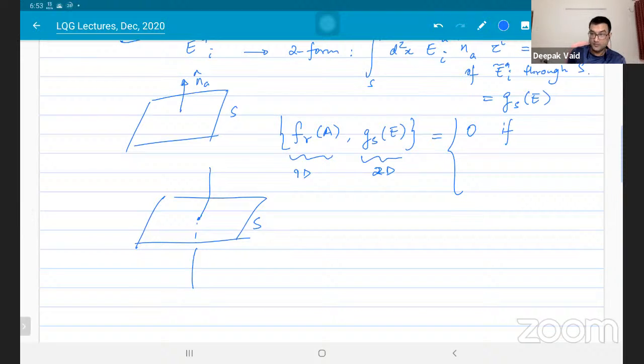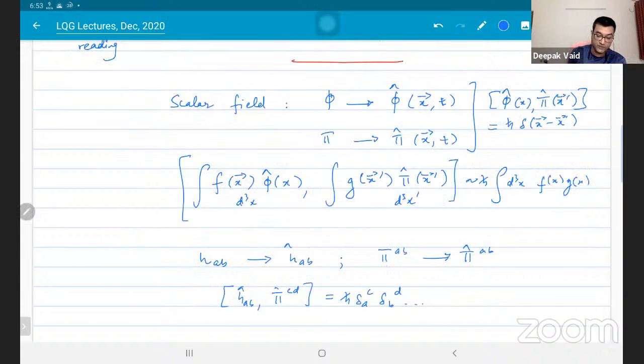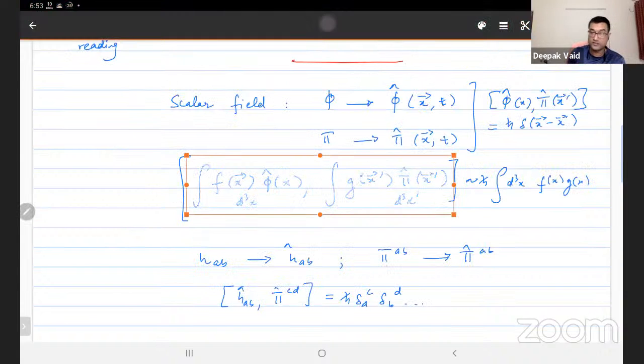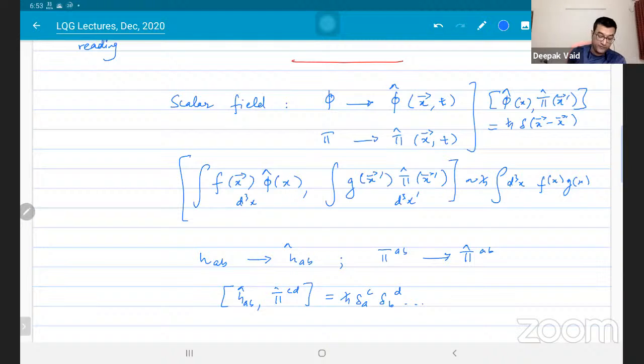right? For the simple reason that, for example, if you look at this commutator, if F and G have support on disjoint regions of space, then this commutator would be zero, right?